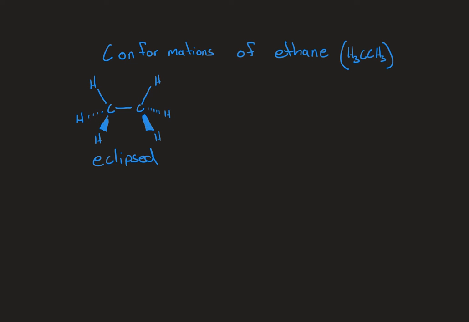If you were to rotate this bond 180 degrees, I'm going to make that hydrogen a green hydrogen so we can see this. I'm going to keep the carbon on the left in the same orientation and rotate that green hydrogen down.